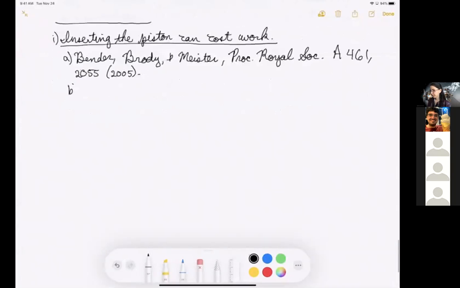If we have a classical particle, it's fairly localized. And if the partition is somewhat thin, then there's going to be a very low probability that the classical particle would be right under the partition when the partition descends.